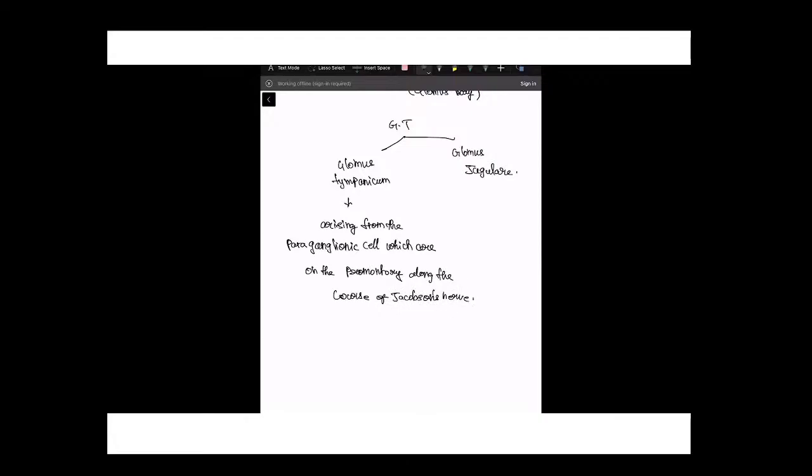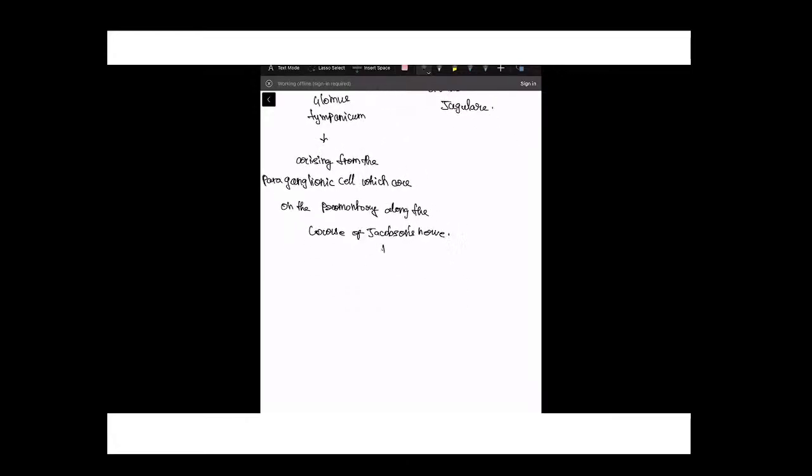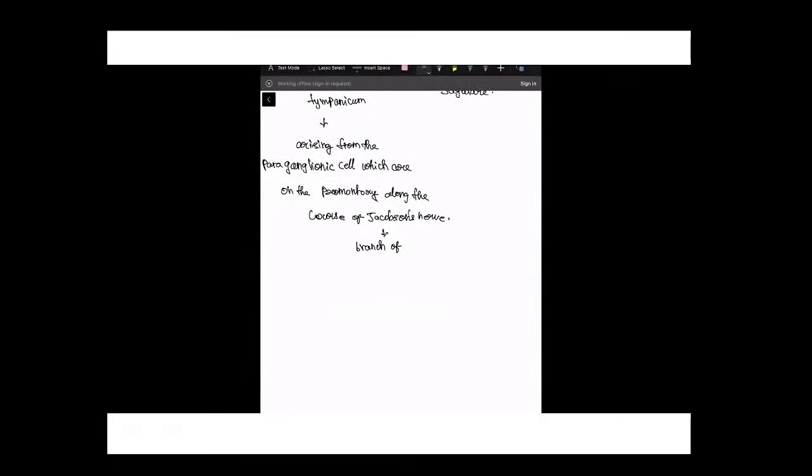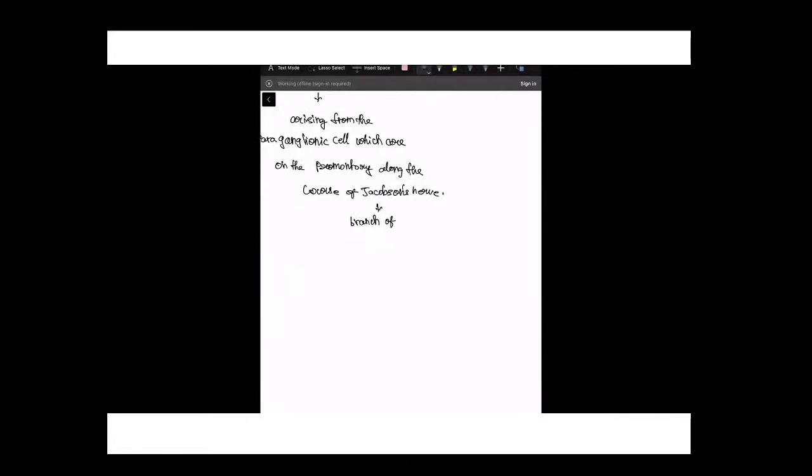Jacobson's nerve is a branch of which cranial nerve? Yes, anyone? Facial cranial nerve. Which one? Facial, seventh nerve. No, not seventh. Any other try? The branch of the ninth cranial nerve, the glossopharyngeal.